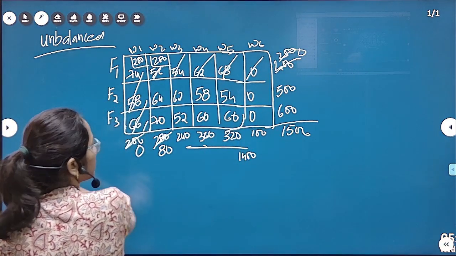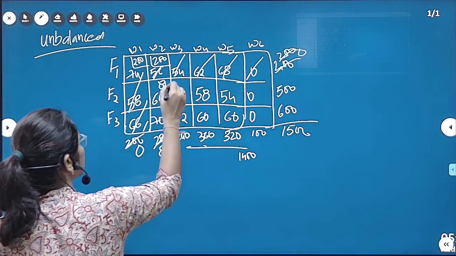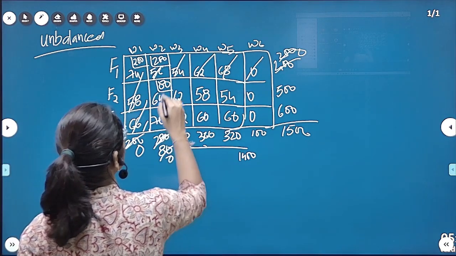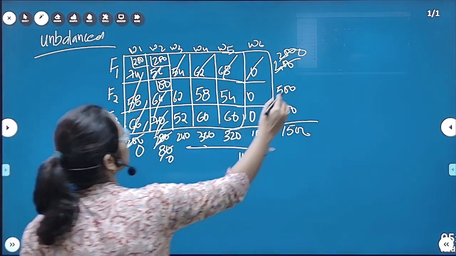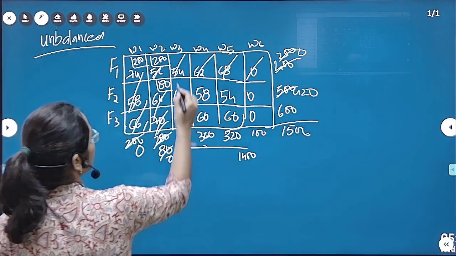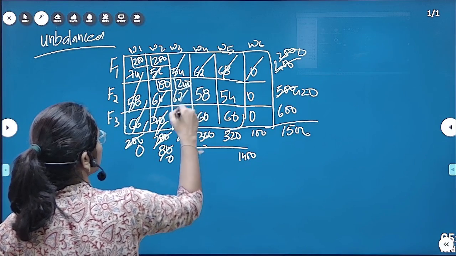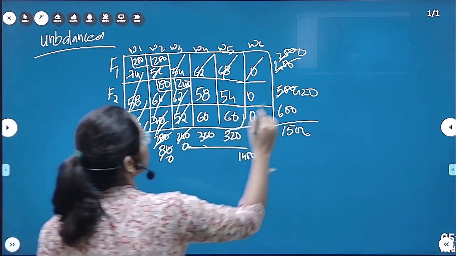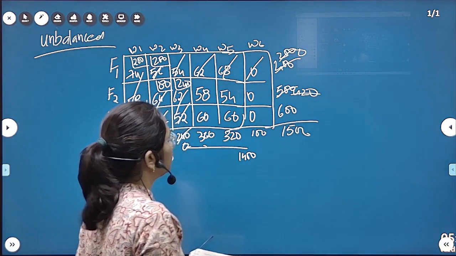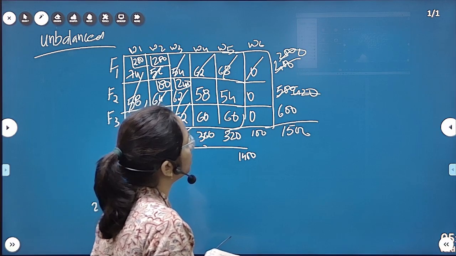Next, here 80 units, 0, so cancel it. Here 420 units are there. Next, here we can take 240 units from here, so now it becomes 0. 420 minus 240, how much? 180.